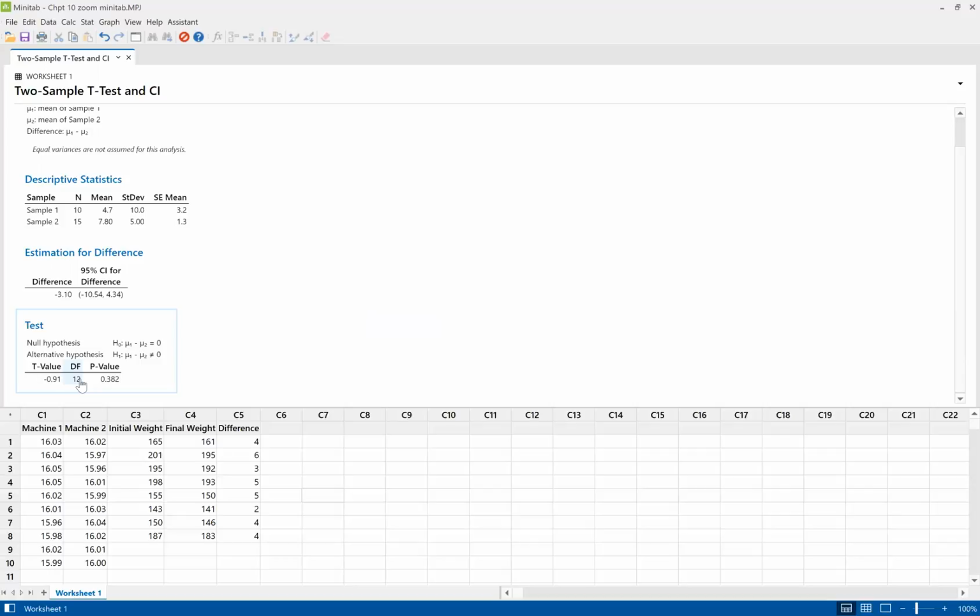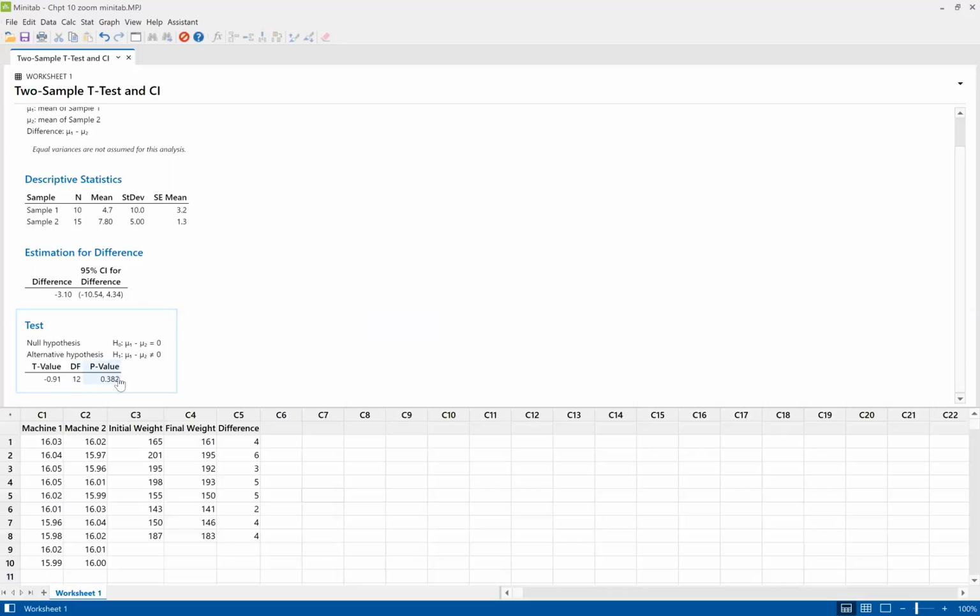So our degrees of freedom for a two sample test are not as simple as our degrees of freedom for a one sample test. It's not just n-1. We actually have to be a little more nuanced in that, but using Minitab, we don't have to do those calculations at all. And so what we're really concerned about is the p-value.